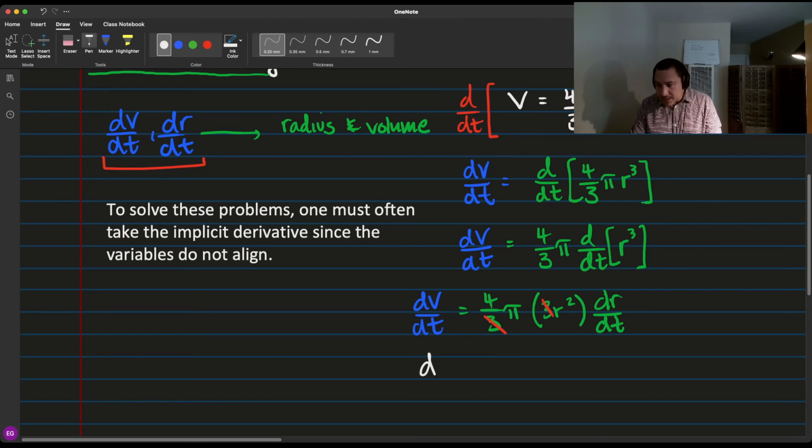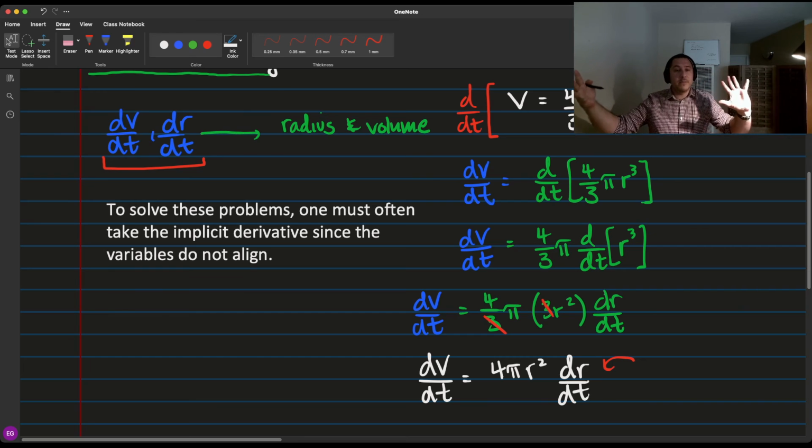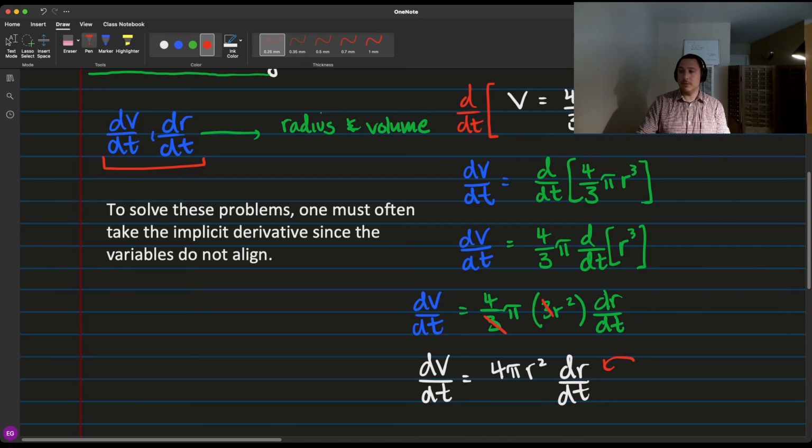So how is the change in volume related to the change in radius? Well, dV/dt, the change in volume, is equal to 4 pi r squared times dr/dt. So if you know dr/dt, the rate at which the radius is expanding, multiply that by 4 pi r squared, and that will give you how the volume is expanding.